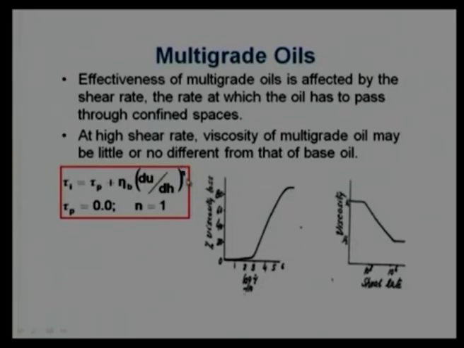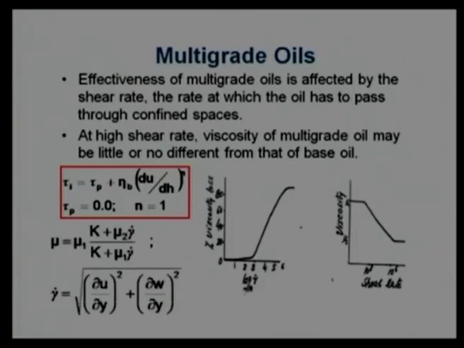Here n will be for multigrade oil, it may be 0.8, 0.85, 0.9, depending on the kind of polymers mixed with it. Sometimes we use this lubricant relation. We say that there is a shear stability constant K. Shear rate is given. It can be one dimensional, it can be two dimensional.